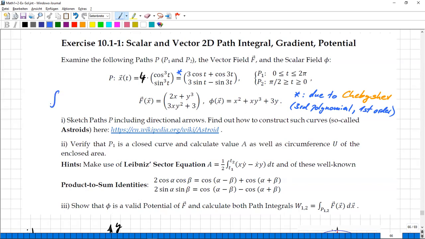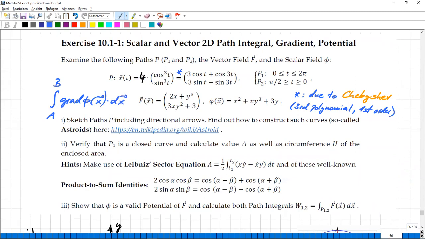When solving a path integral from, let's say, point A to point B of a vector field which is the gradient of a potential, I can replace it by the gradient of phi of x along a path.